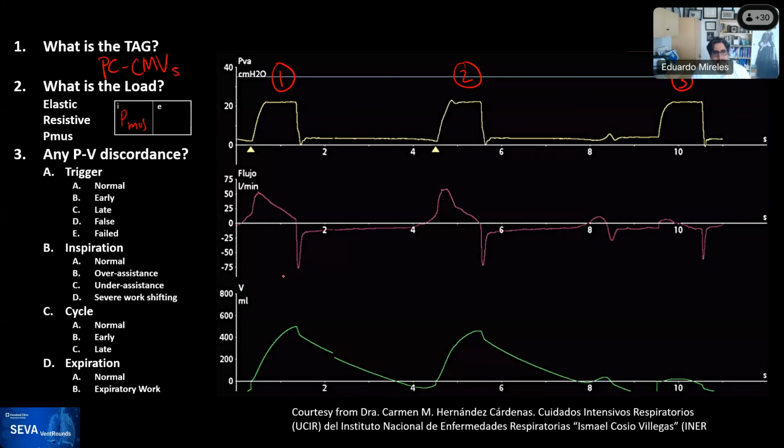What you're seeing there is two distinct time constants, one that's very fast and one that's very slow. The very fast time constant is the high peak flow rapidly going down to the very low flow. And you can see that the area under the curve is very small. So you're ejecting a very small amount of volume.